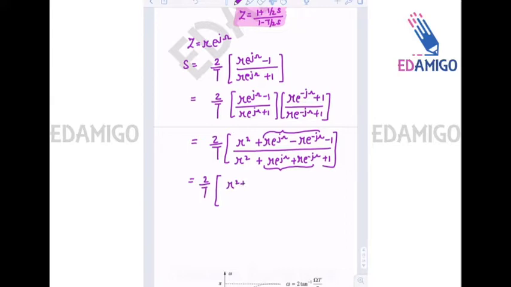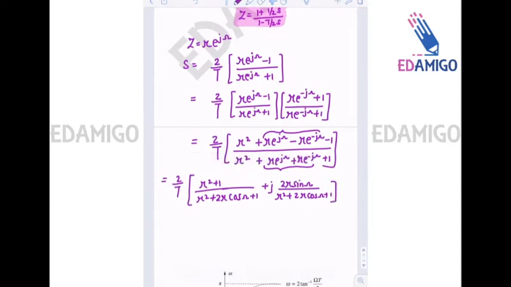So this will give R square minus 1 divided by R square plus 2R cos sigma plus 1, plus j 2R sine sigma divided by R square plus 2R cos sigma plus 1. Okay, so I can say that this is equal to S.